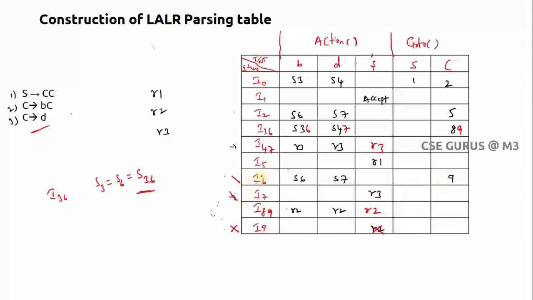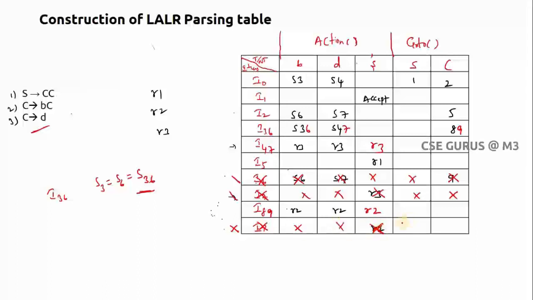I have to cross I6, because I36 I have written, and I have to cross I7. I89 I have written, that's why I9 is to be crossed.